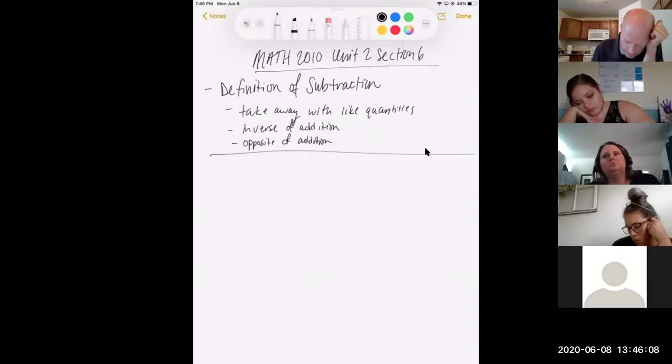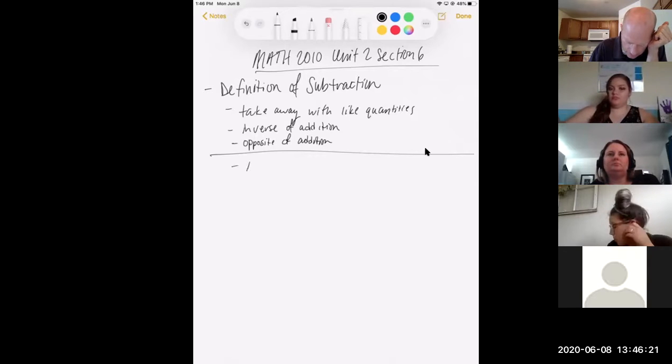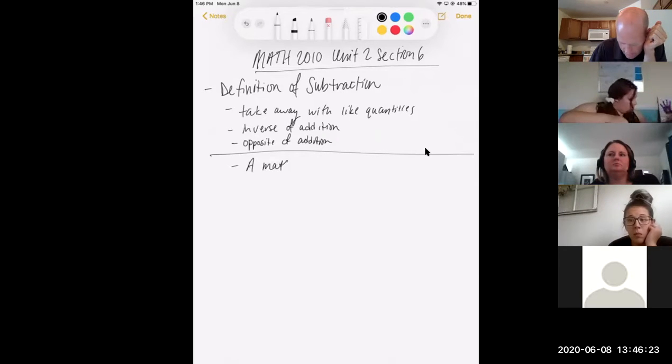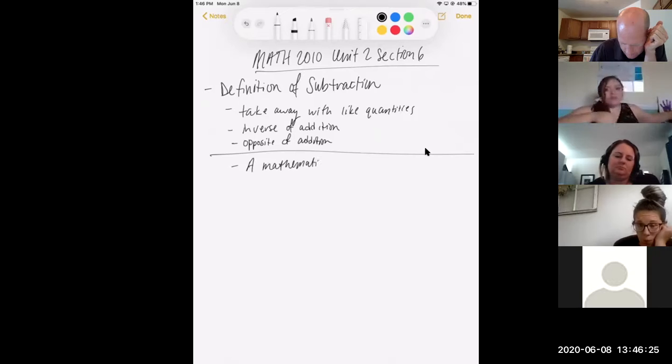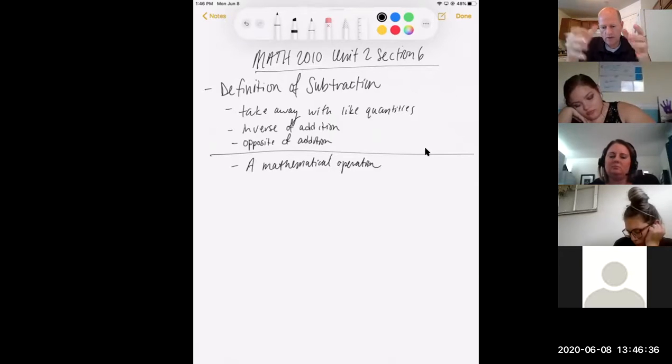Okay. So we're going to go over 3 or 4 kinds. We're going to do 3 in our definition, then we'll add another one later. Subtraction is a mathematical operation. So subtraction is a type of something. When I define things in math, I like to say what type of thing this is.